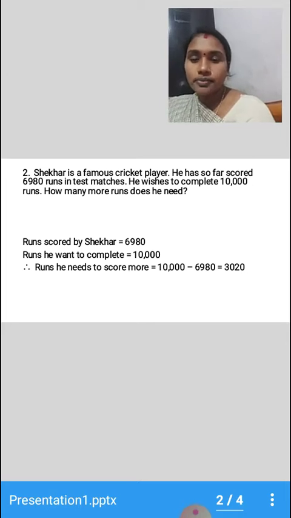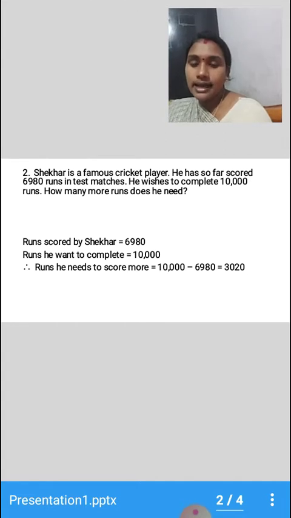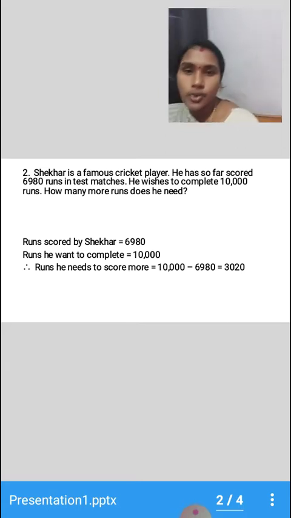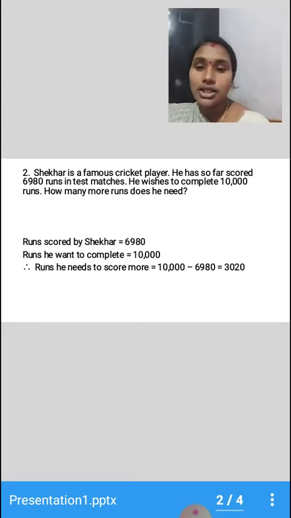So runs he needs to score more is 10,000 minus 6,980. So when you subtract 6,980 from 10,000, you will be getting 3,020. Okay, children. So the runs he needs to score more is 3,020.